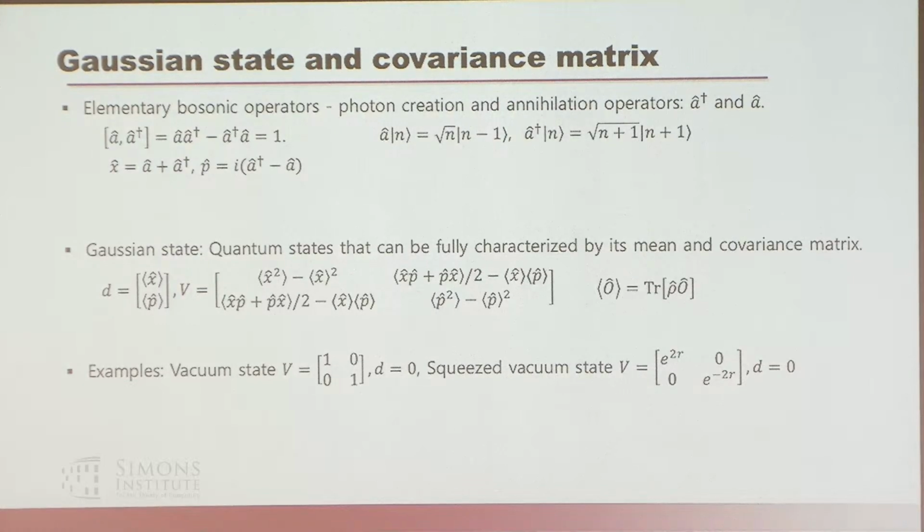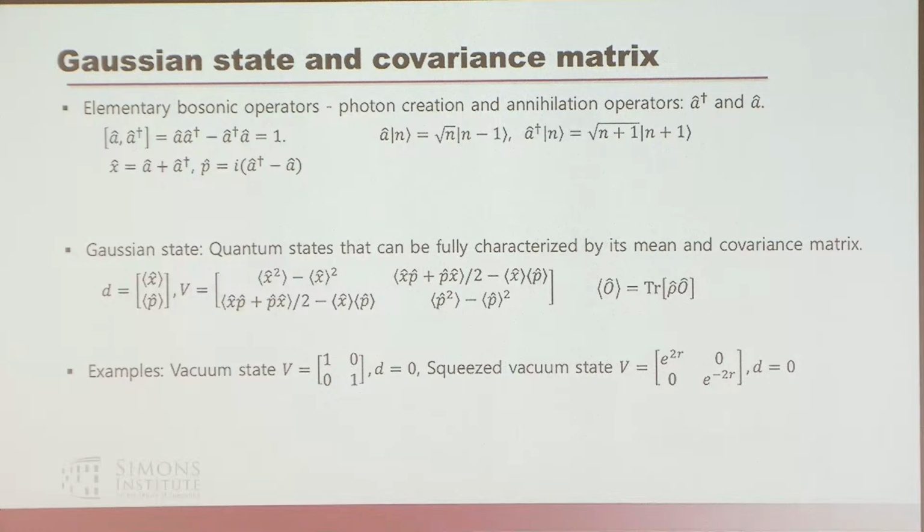Another important state is the so-called squeezed vacuum state. As the name implies, we squeeze the vacuum state, in the sense that we squeeze the covariance matrix along a certain direction. Here I chose the direction to be the momentum direction. You can see that the variance of the P operator has been reduced by this factor, but you have to increase the variance of the X operator because of the uncertainty principle.